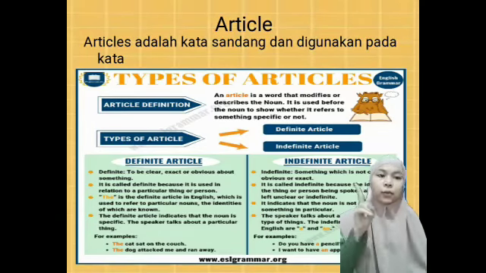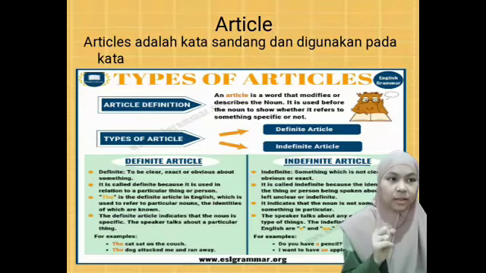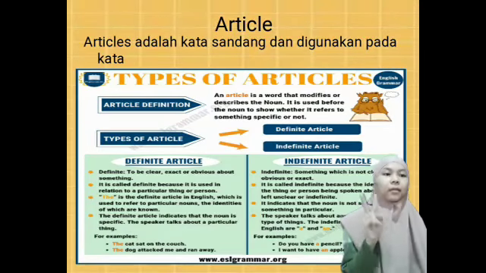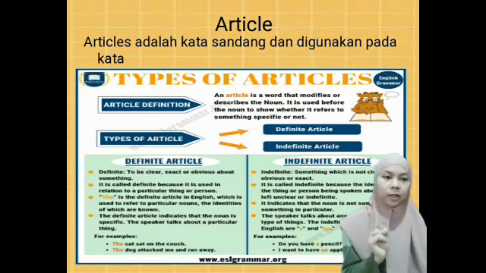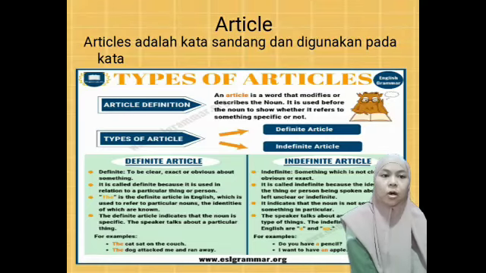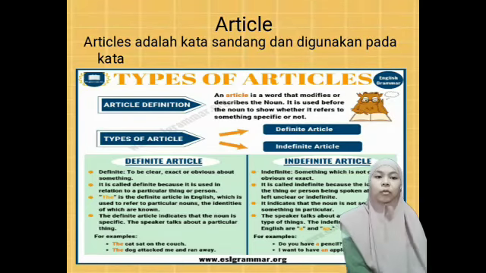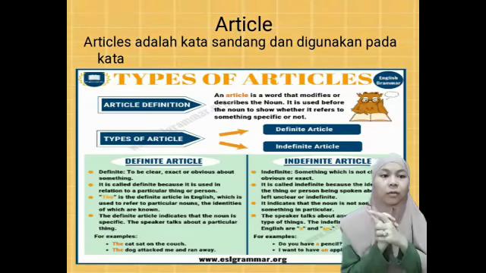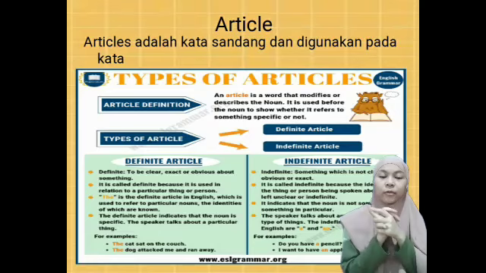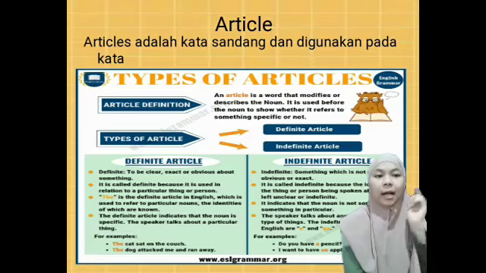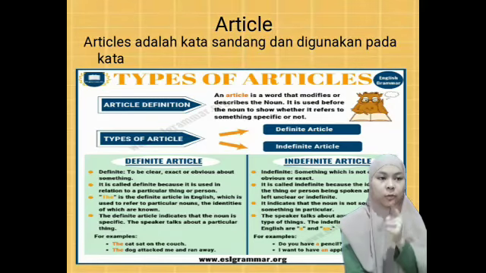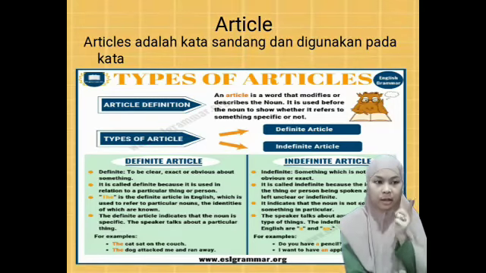Article has two types. First is definite article and second is indefinite article. So, definite article is to clarify or make obvious something. And I have put the difference between the two articles there.